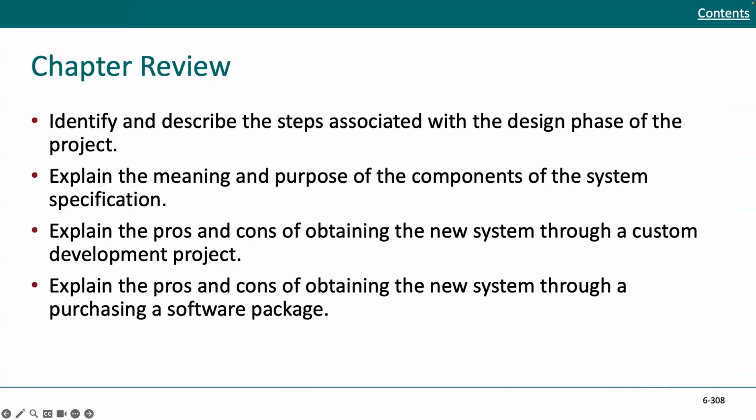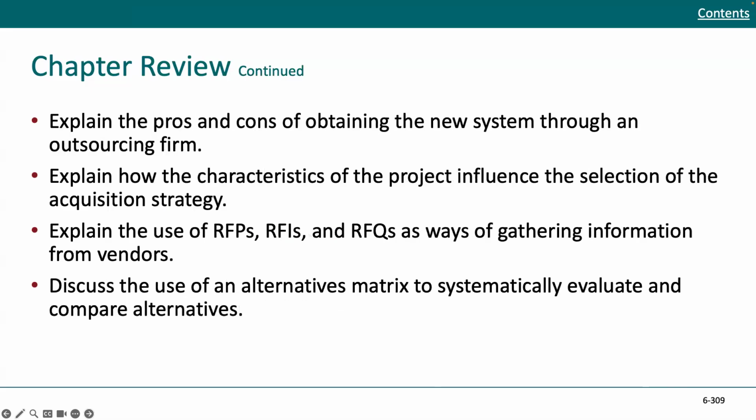Okay, so that's the contents of this chapter, and we'll just have a couple slides of review. So we looked at identifying and describing the steps associated with the design phase of the project. We explained the meaning and purpose of the components of the system specification. We looked at the pros and cons of obtaining a new system through a custom development. We looked at the pros and cons when looking at a new system through purchasing a software package.